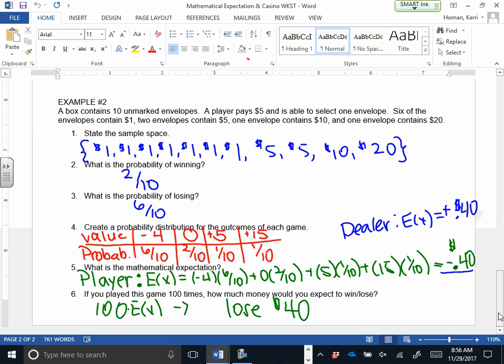Which ones are the best games to play? Which ones are the worst games to play? And then you're going to decide which games you would want to play versus what you would not want to play, and tell me why. Okay. These are all things I want you to think about in preparation for you actually creating your own game for other people to play. Okay. So this is your homework, these 5 games.